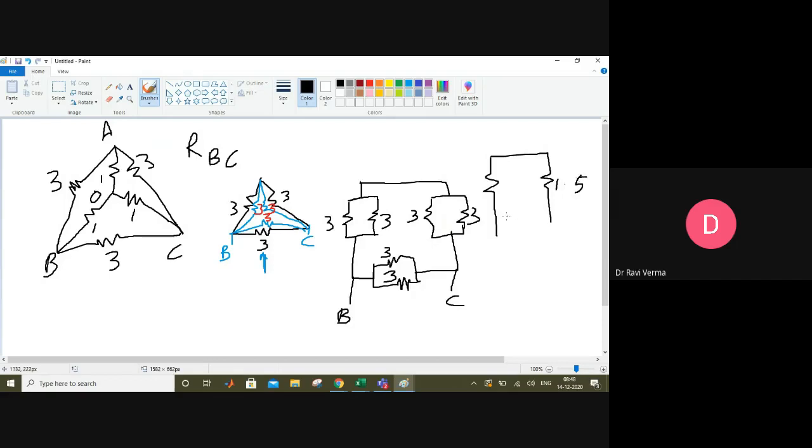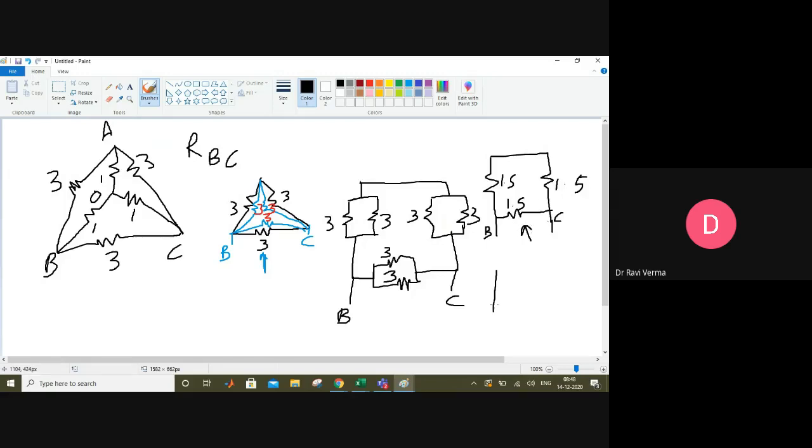And this 3 and 3 are also in parallel. So this is how much? 1.5. And this is B. This is C. And we are seeing from this side. So this 1.5 and 1.5 are in series.